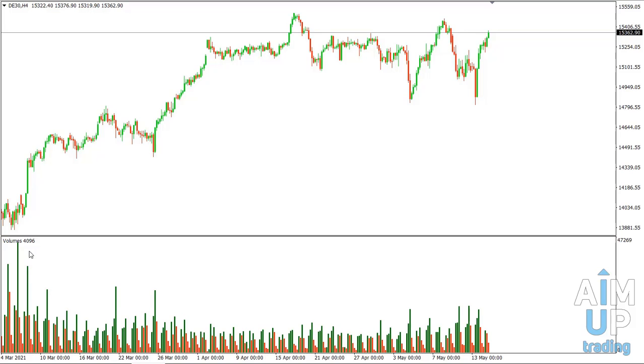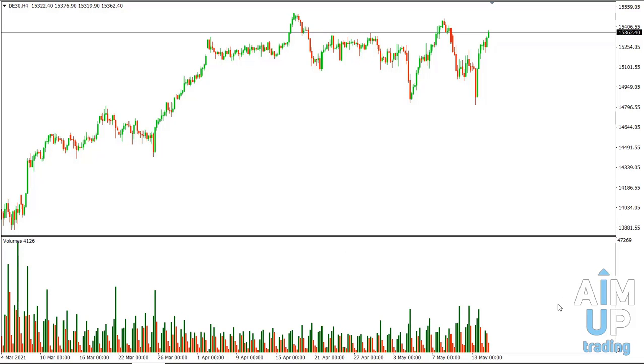So they're taking control over this particular market, and we are gonna be focusing on the buying opportunities. The bigger the bar, the more volume we have, and this is a sign for us that we should look for buying opportunities.